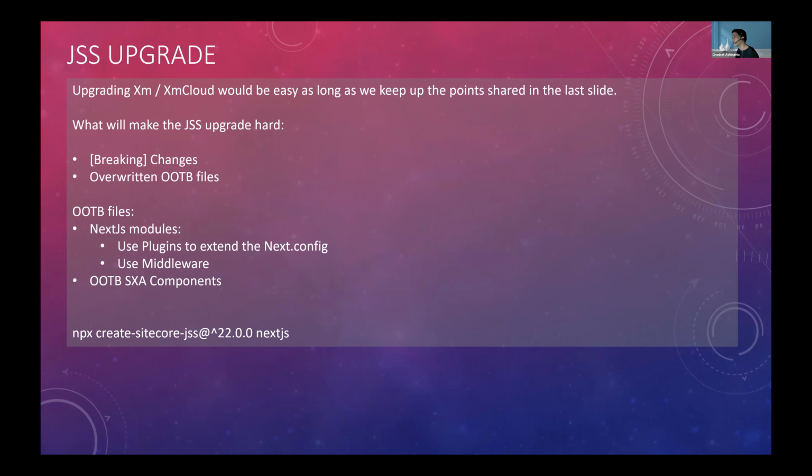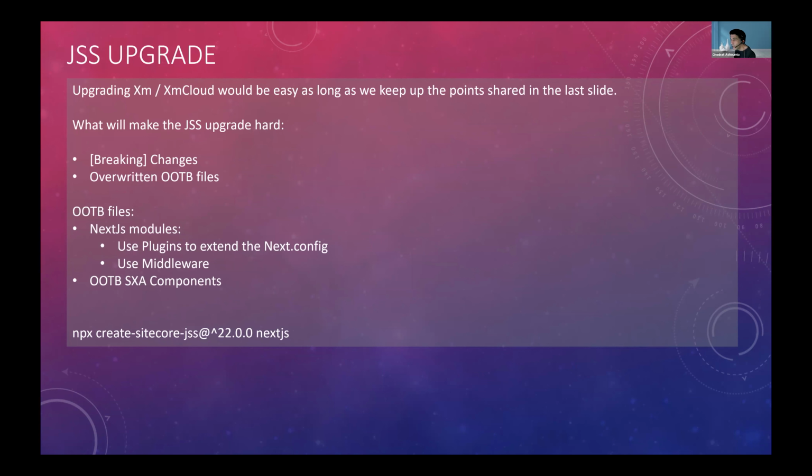I see 2 points in there. Either there are changes or breaking changes in the API, or we have overwritten some of the out-of-the-box stuff from the JSS. That means either you did the changes, for example, in the Next.js config or in the SXA components that are coming with the JSS installation with the Next.js.